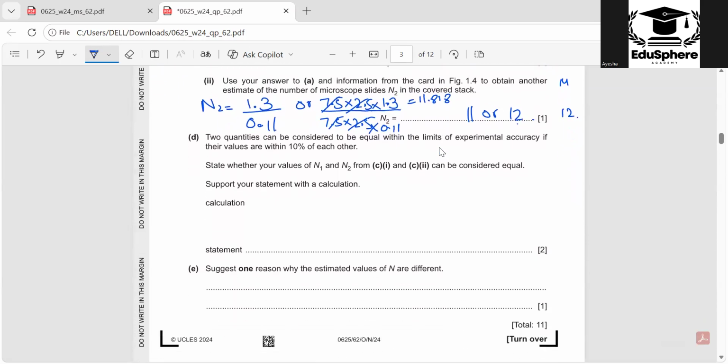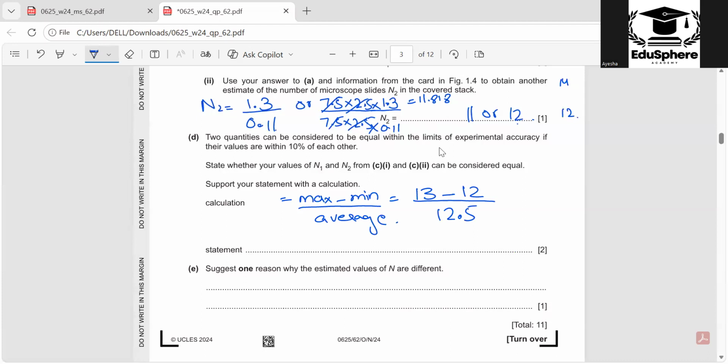As we know, the limits of accuracy percentage is maximum minus minimum over the average. Let me use the calculator. The maximum is 13 minus 12, and the average of 13 and 12 is 12.5.